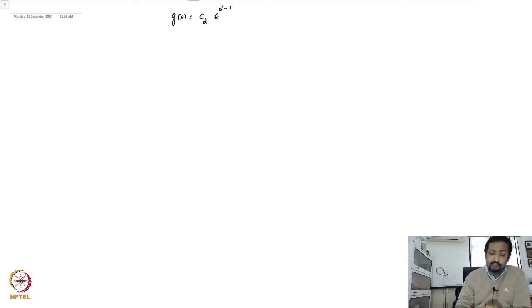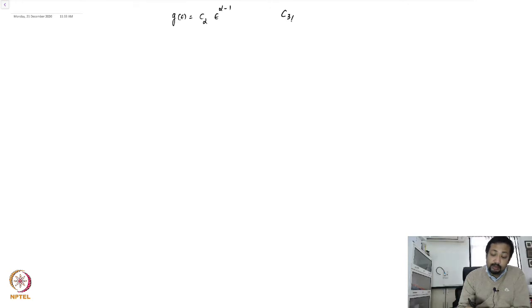This is a slight change in notation because, recall, in an earlier lecture I had said that the density of states goes as ε^(α/2 - 1), but it is better to be consistent with the degrees of freedom. One writes g(ε) as C_α ε^(α-1), and we know of two particular cases.